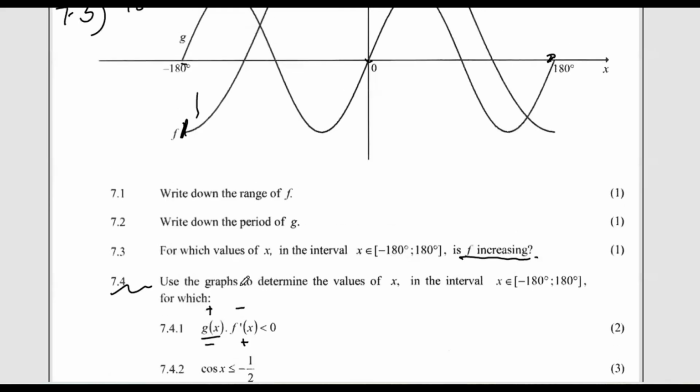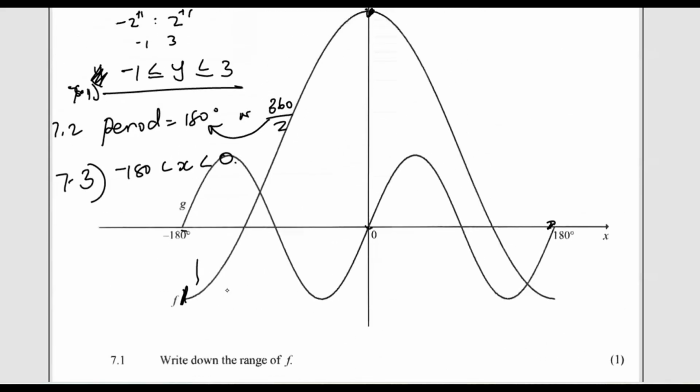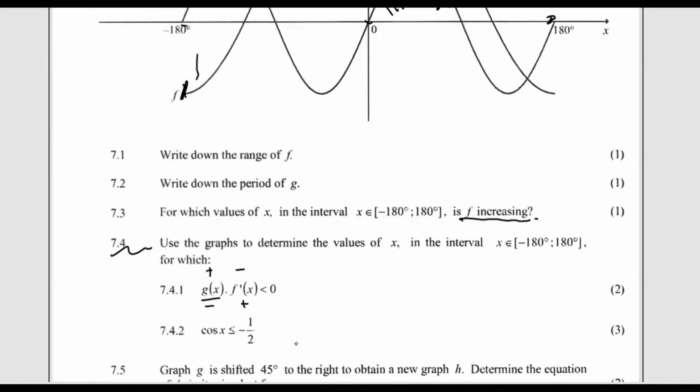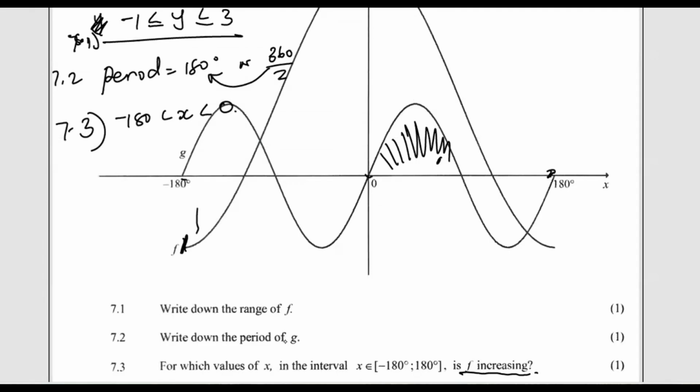Above and decreasing. So it's decreasing in this area and it's above somewhere here. Then the other section is where do I find g below while this one is increasing? So g is below here while the other one is decreasing. So we can see the region of interest, this one and this one.